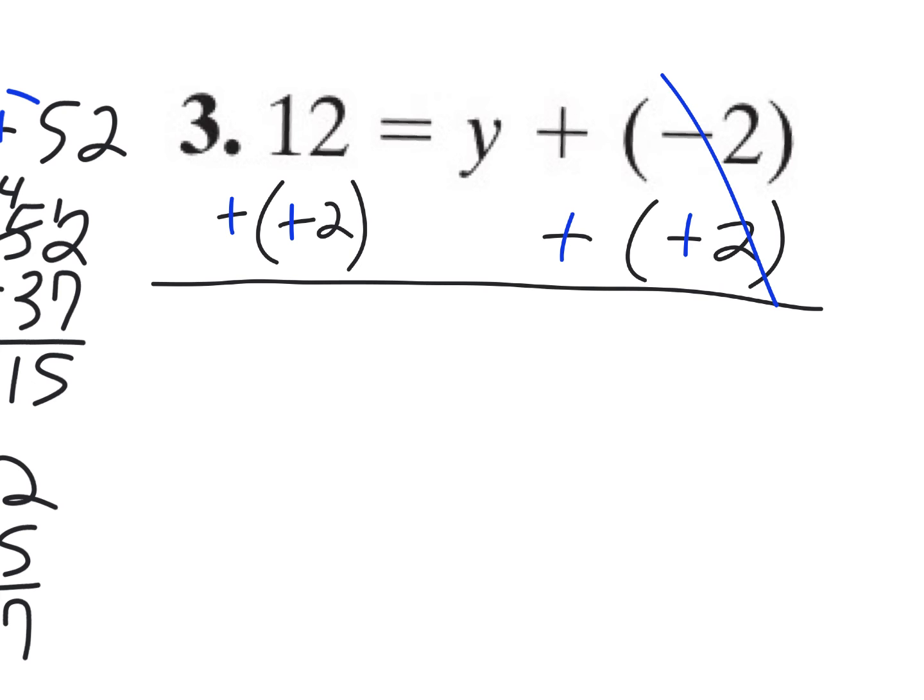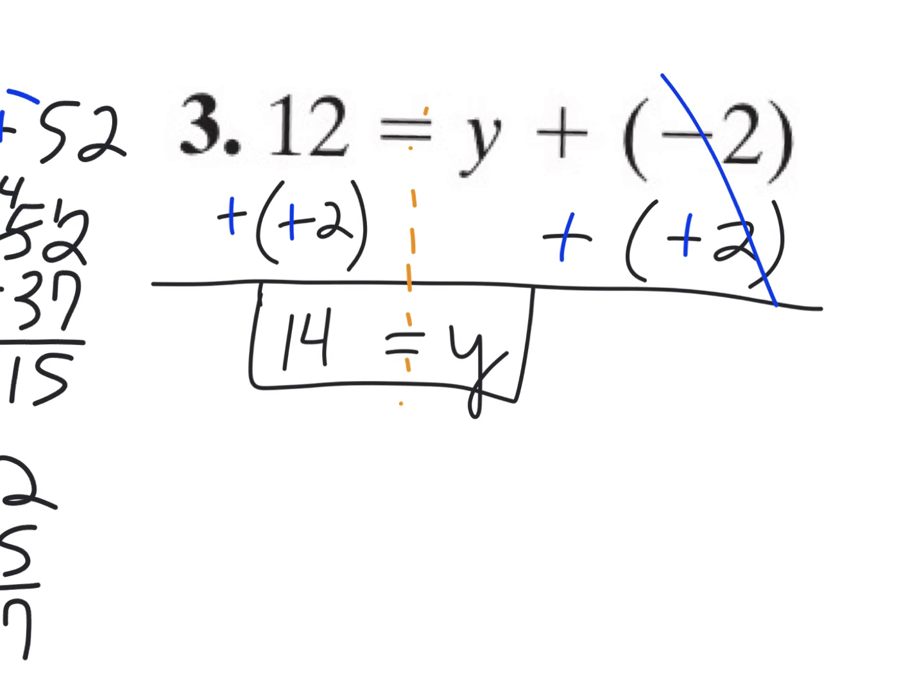Negative 2 plus 2 is 0, so those cancel. And then 12 plus 2 is 14. So y equals 14. I'm not going to switch those around. You can just say 14 equals y.